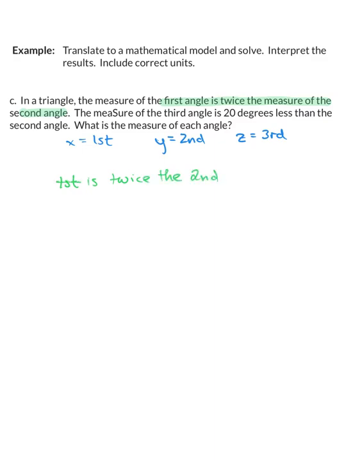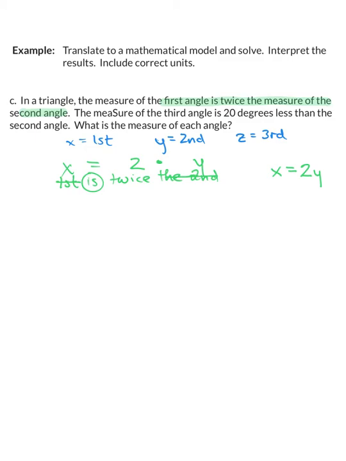So remember that first we said was x, second we said was y, so we have x is twice y. Now note that this is a little bit different than the previous example. We're not saying twice as large, we're just saying it's twice. So we do have x equals 2 times y.